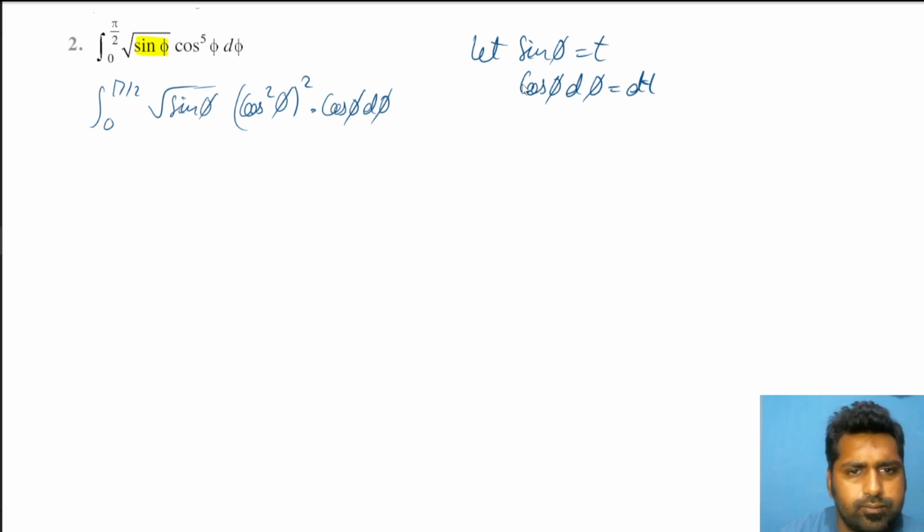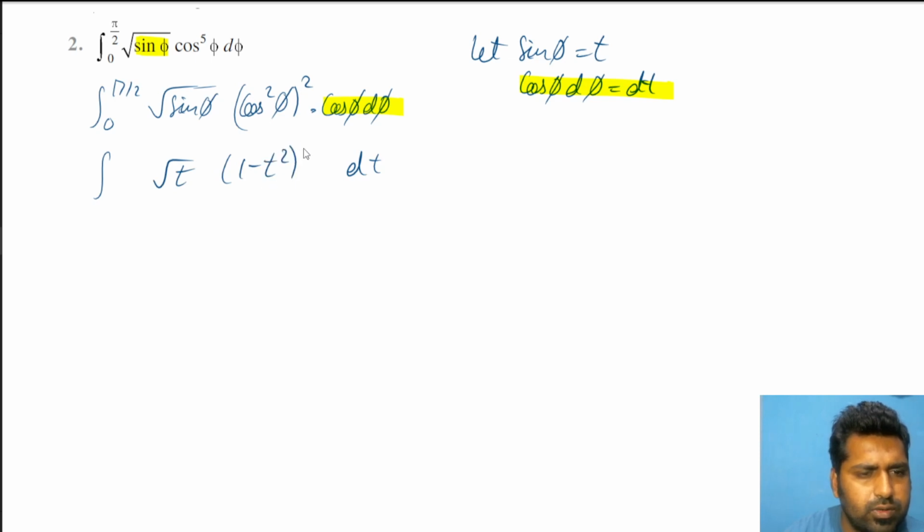Now this cos phi d phi is your dt, all set. So this is 0 to pi by 2. Let's leave the limit. Sine phi was t, so root t. Cos square is 1 minus sine square, meaning 1 minus t square whole square.